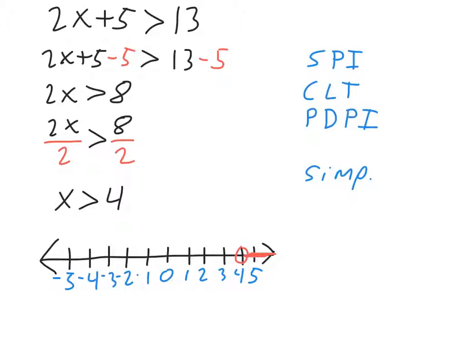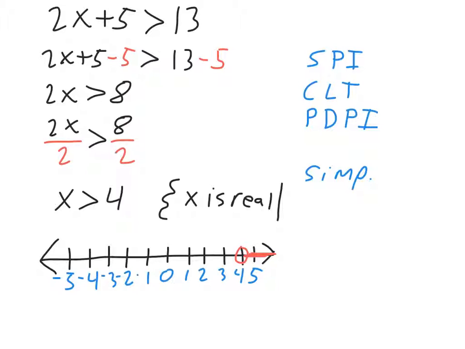Anyway, remember how we did set notation with solving equations? We're going to do set notation now with inequalities. So, make a nice brace. The way we do this is we start off by saying x is a real number.